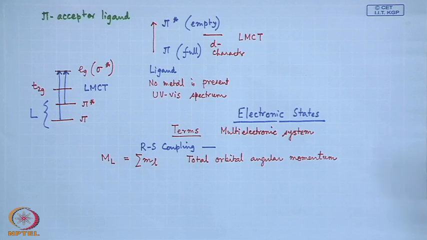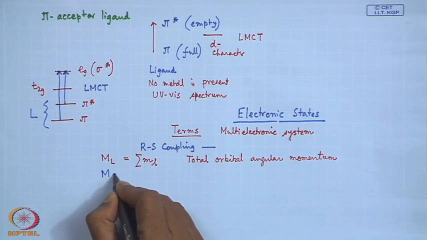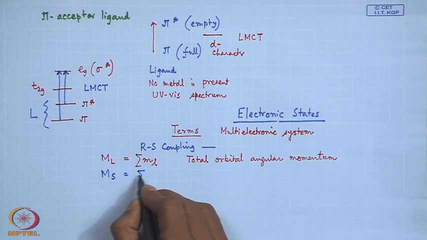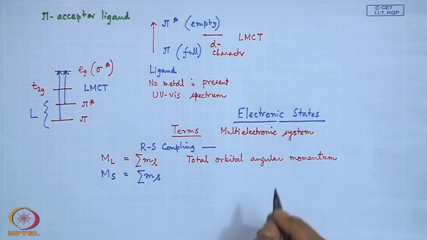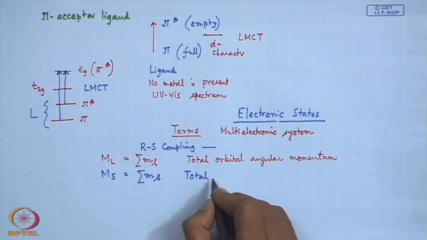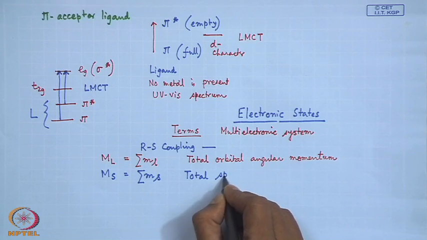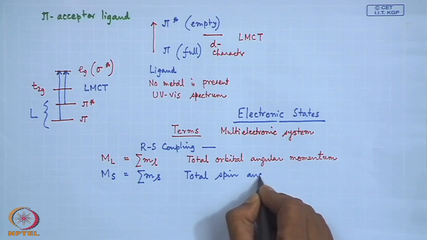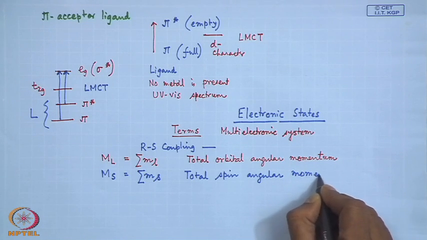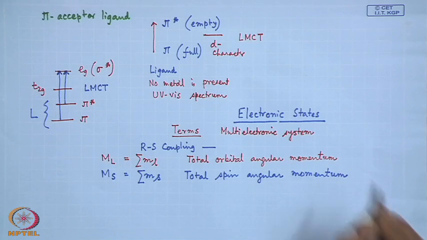In a similar fashion, when we talk about the spin value, the total spin is the sum over the individual ms values, giving rise to the total spin angular momentum.